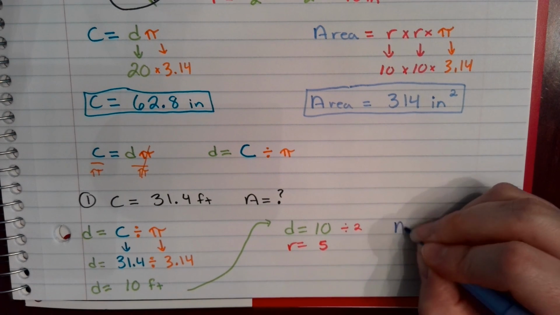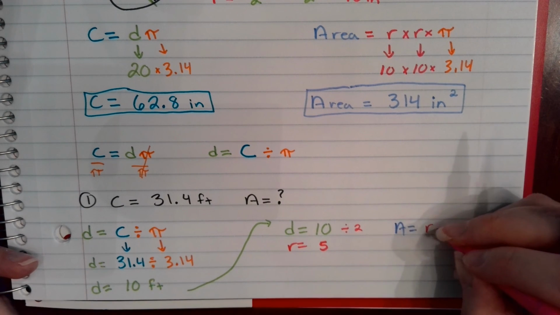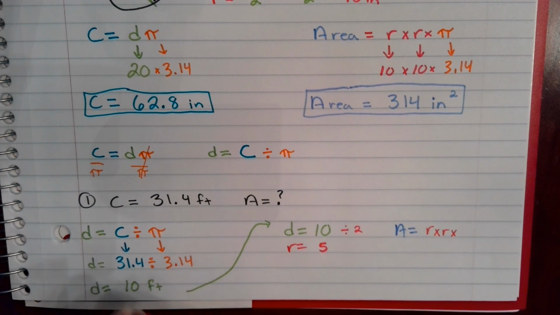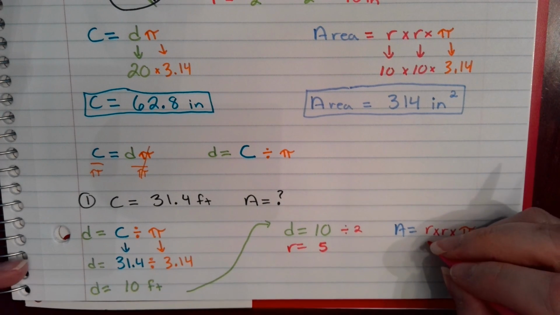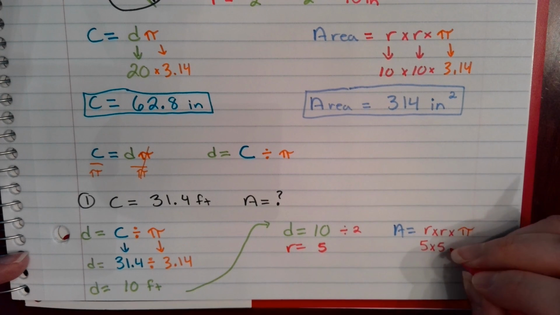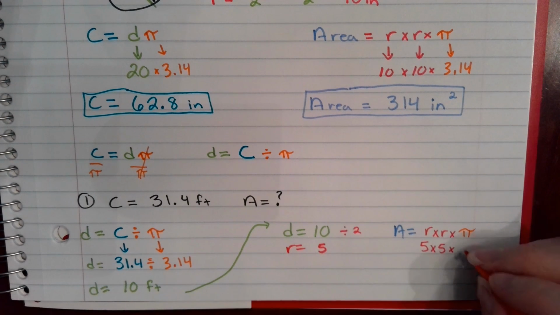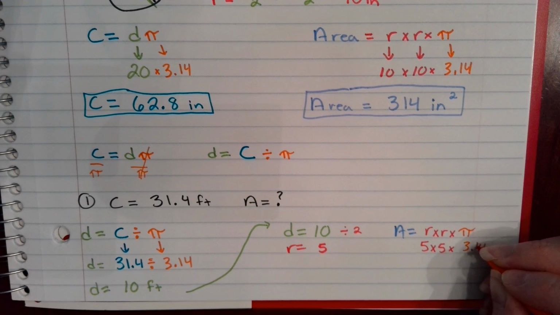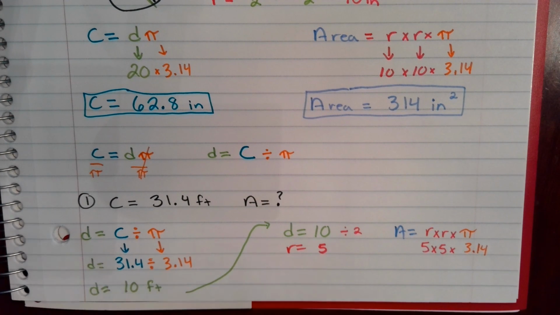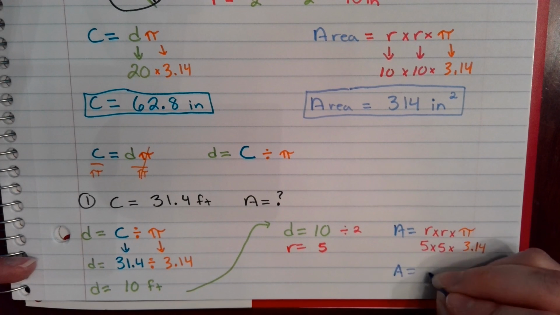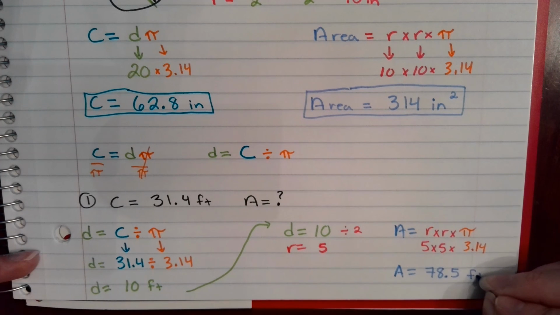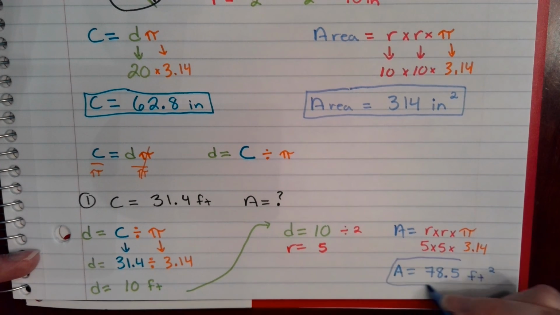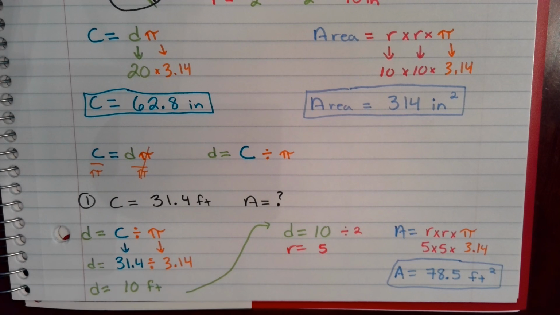Remember, area is just equal to radius times radius times pi. So I can take 5 and multiply it by 5 and multiply it by 3.14. And that's going to give me an area of 78.5 feet squared.